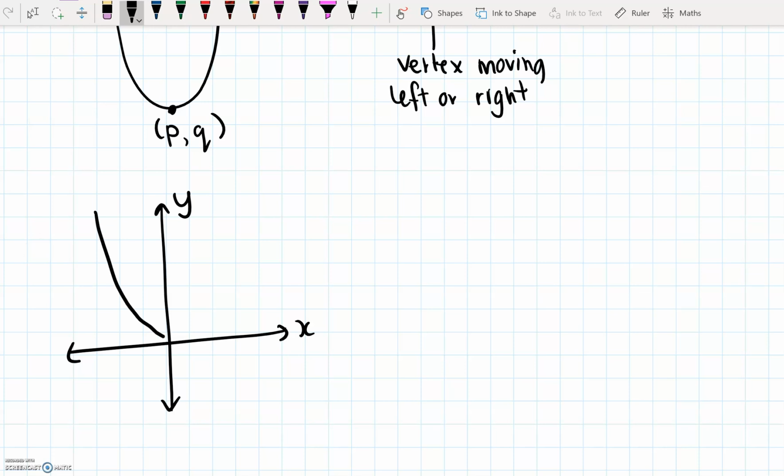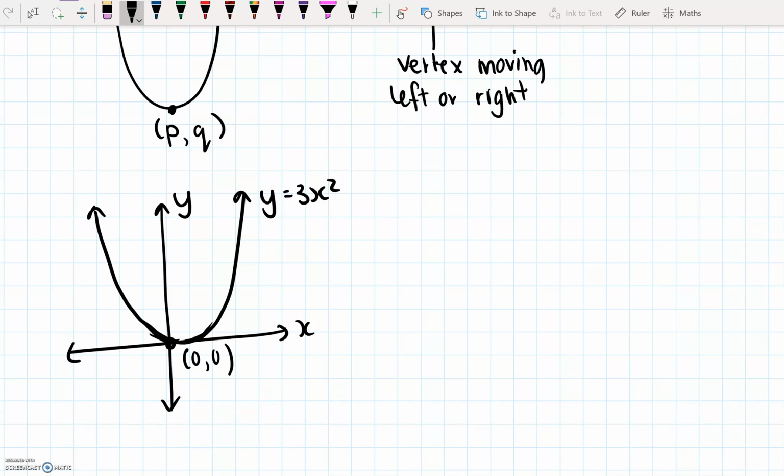The equation of this parabola is ax squared, and let's make this one 3x squared, so y = 3x². Let's say that this vertex is at (0, 0).